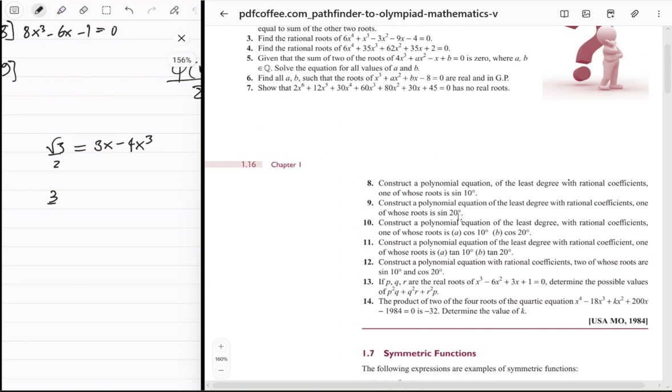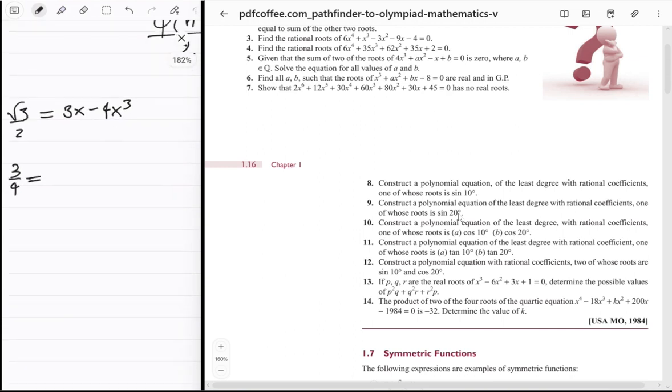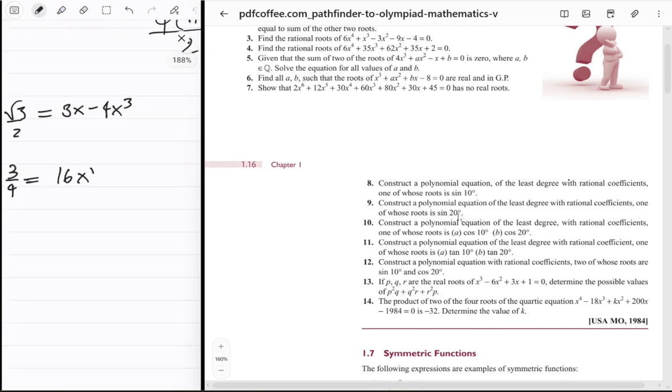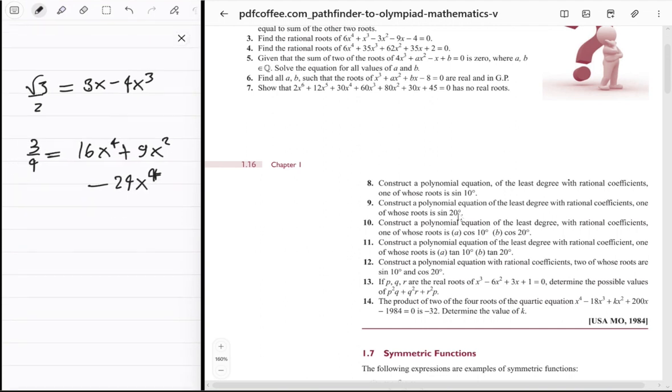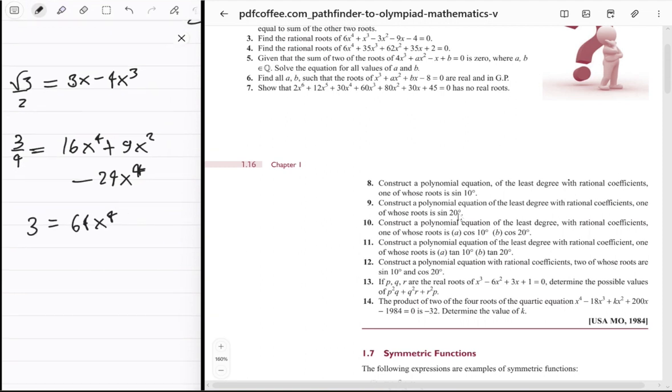Cool. So 3 upon 4 is equal to the square of this guy, which is 16x power 6 plus 9x squared minus 12 times 2, which is 24 x power 4. Cool. So then 3 is equal to 64 x power 6.